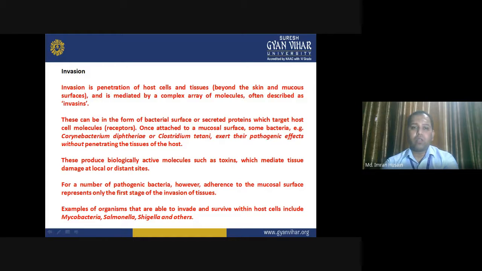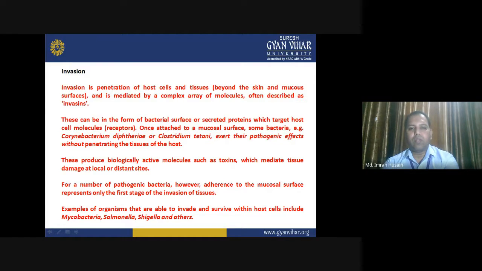Some bacteria, for example diphtheria and Clostridium tetani, exert their pathogenic effects without penetrating the tissues of the host. These produce biologically active molecules such as toxins, which mediate tissue damage at the local or distant sites.